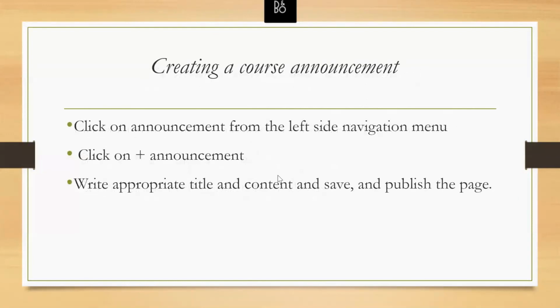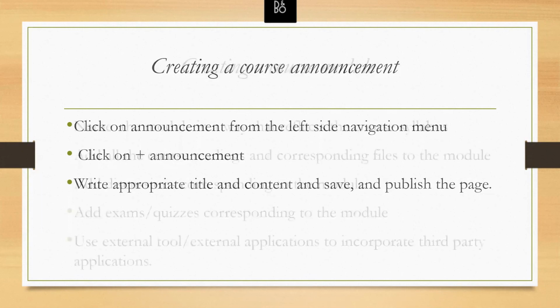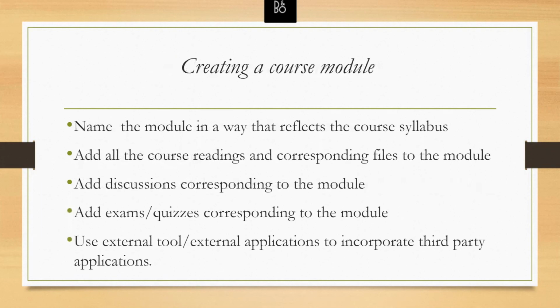Course announcement, we saw that on the left hand side icon. I gave you some examples of what would be an announcement: on the left hand side menu, click on the announcement, write an appropriate title and content, save, and publish the page.